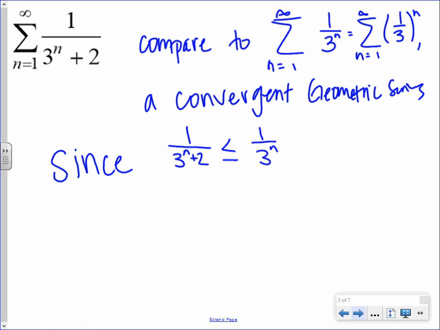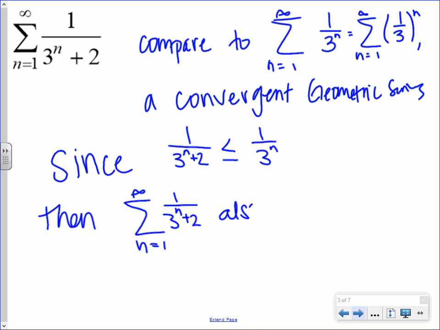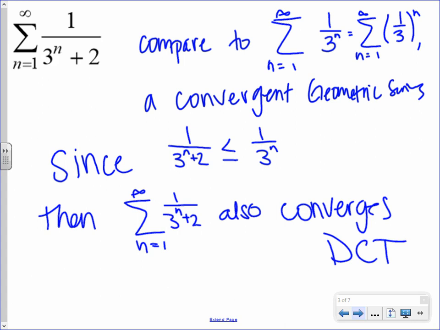Is that obvious? The denominator over here is always bigger because it's just plus 2. Okay? Then our series of 1 over 3 to the n plus 2 also converges by the direct comparison test.